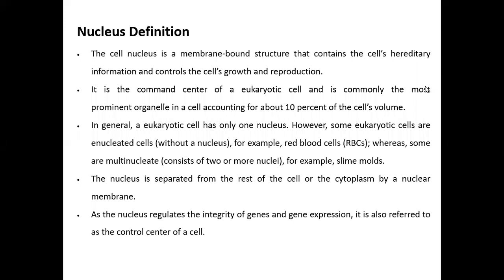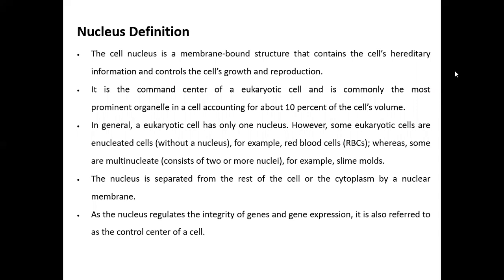But in some exceptional cases, some eukaryotic cells are anucleated, that is without a nucleus, for example RBC. Some are multinucleated, consisting of two or more nuclei, such as slime molds. In animals, sarcomere is a multinucleated cell, and some epithelial cells are also multinucleated.